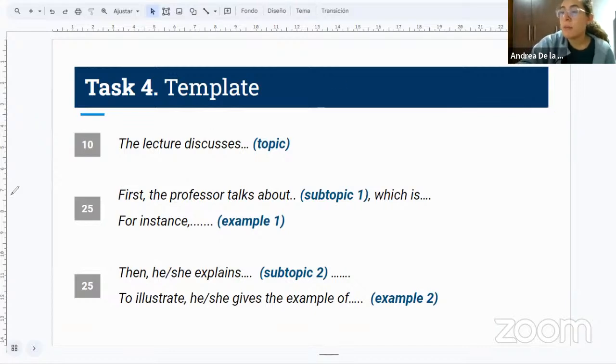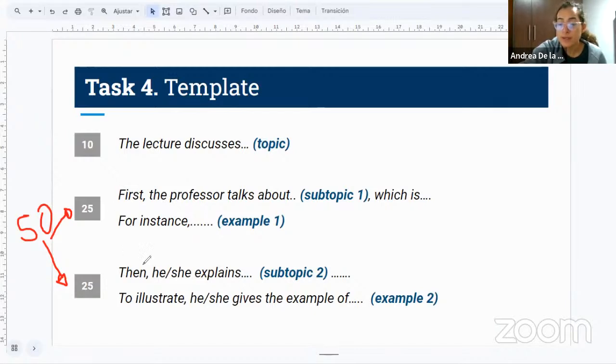Okay, guys? Remember, you have 50 seconds. So to make it balanced, you should be aiming for using 25 in the first topic and its example, and 25 in the second subtopic and the second example. And that's it. You don't need a conclusion. You don't need anything else. I don't think you will have time for a conclusion because it takes some time to explain the ideas here.